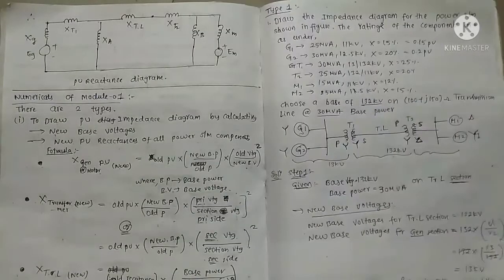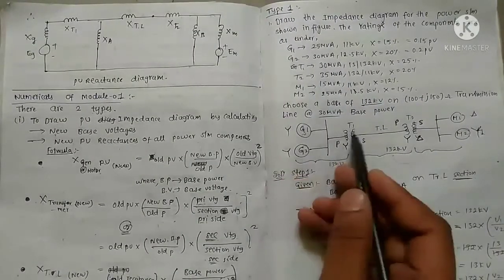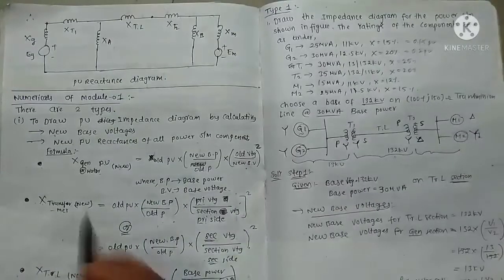Now we just completed G1 and G2. Next is transformer T1. Transformer T1 pu new is equal to old pu, according to the formula.